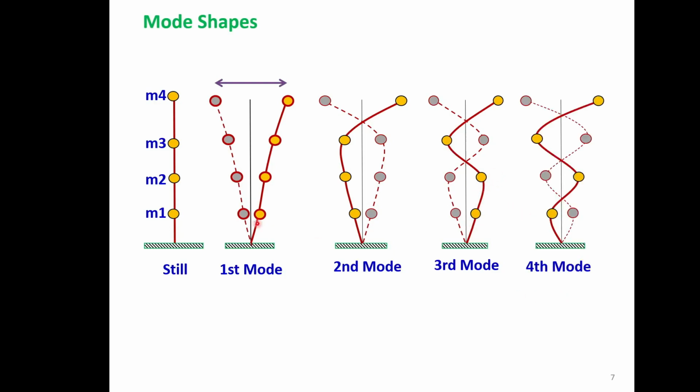Highest mode is the fourth mode because it is a 4-degree of freedom system. So here all the masses are out of phase. I think this will clarify what is mode shape and what it means. Now all the distances here of the masses from the neutral position are the mode shape coefficients. First mass, this is the distance, second mass, this is the distance, third mass we have shown here categorically. This is the phi 3, the mode shape coefficient for the third mass in the first mode.